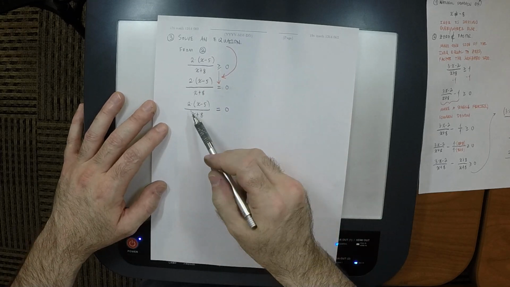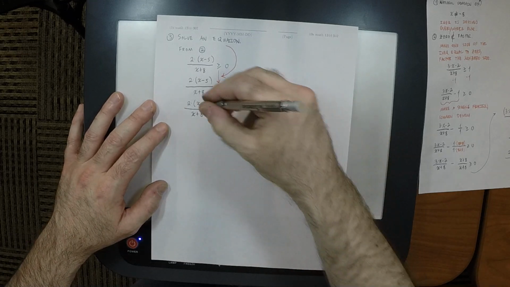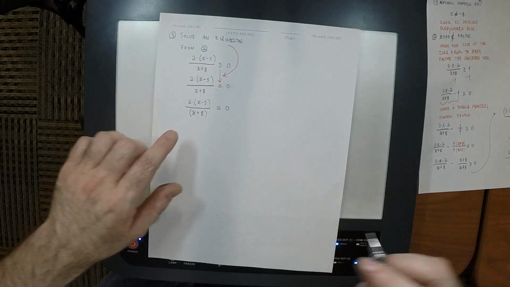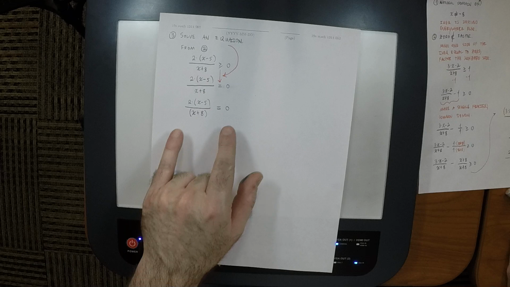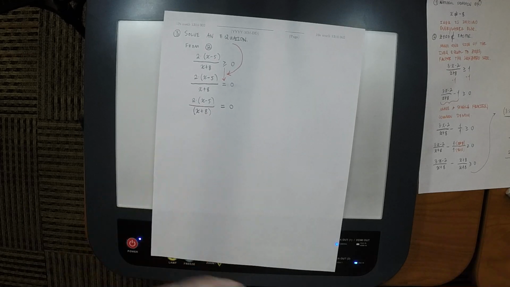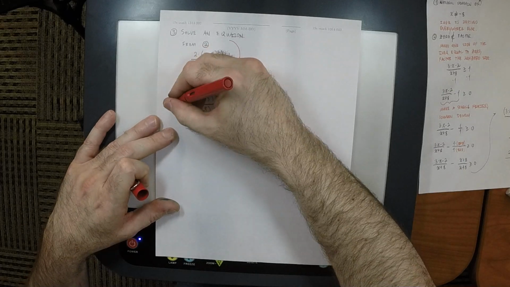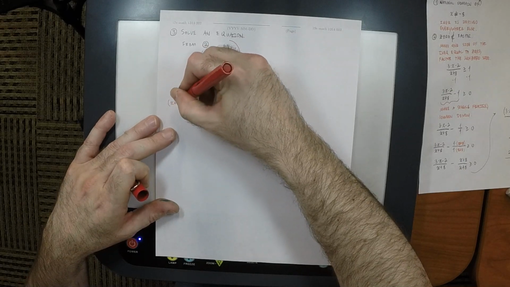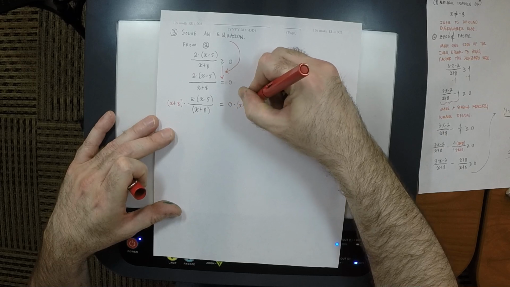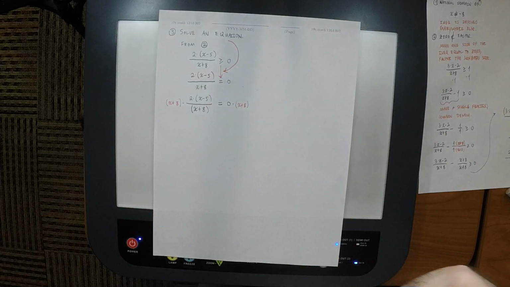So specifically, it may be hard to believe, but we want to get x by itself. So I need to get rid of that denominator there. So now I'm going to multiply both sides by x plus 8. And it's at this point that I hope you say, now wait a second. Isn't that what broke it last time?